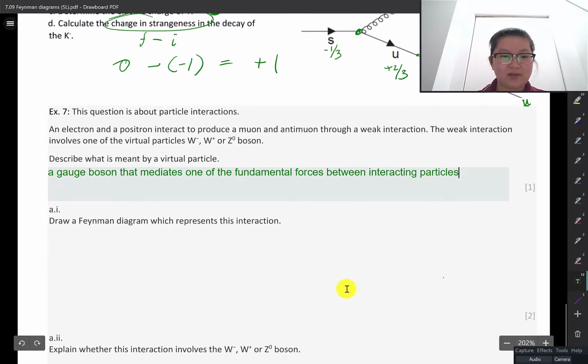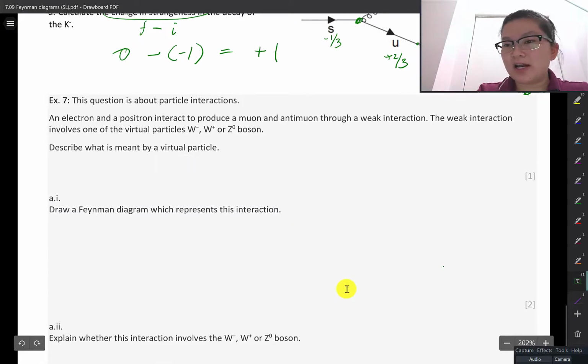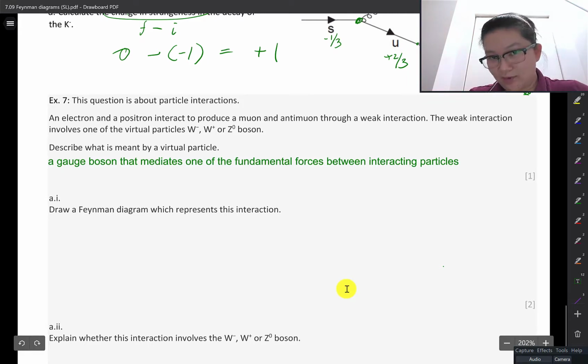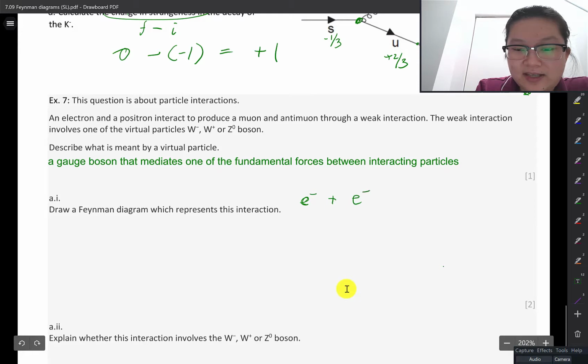Part (a), draw a Feynman diagram that represents this interaction. Remember, every time we want to draw a Feynman diagram, we should always start with the reaction and hopefully even the constituents, the particular particles that are involved. So we have an electron, which is e minus. It's going to annihilate with a positron, e plus.